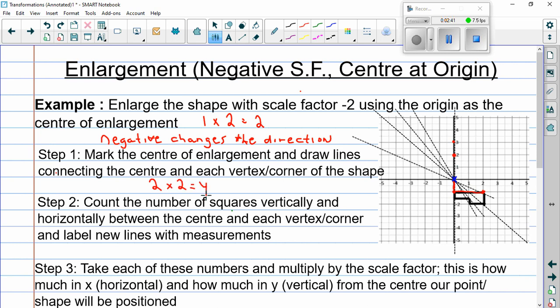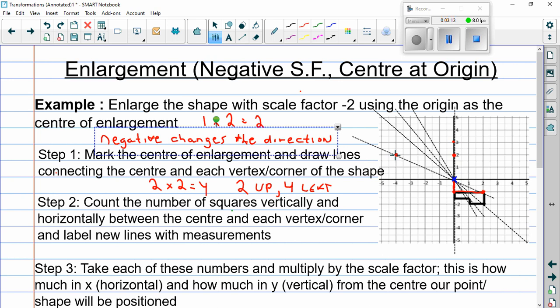So now we went 1 down and 2 over. So that's going to be 2 up and 4 left for that next point. So from our center, we're going to go 2 up, and we're going to go 1, 2, 3, 4 over. And if you look at that, it lines right on where our dotted line is.